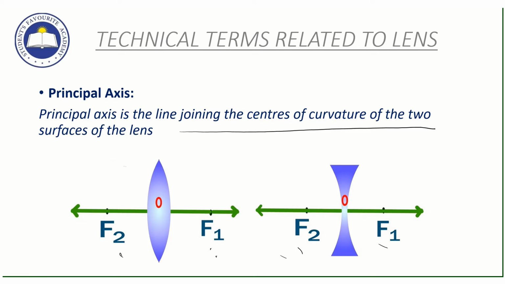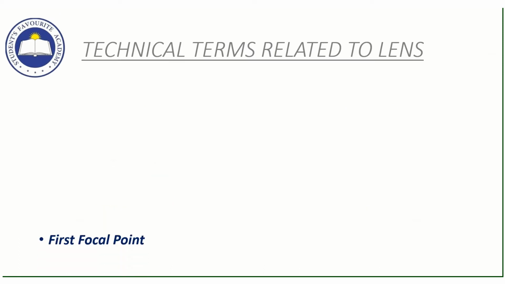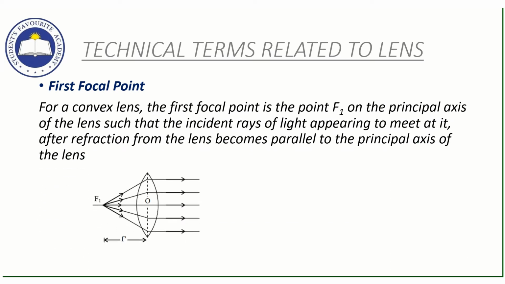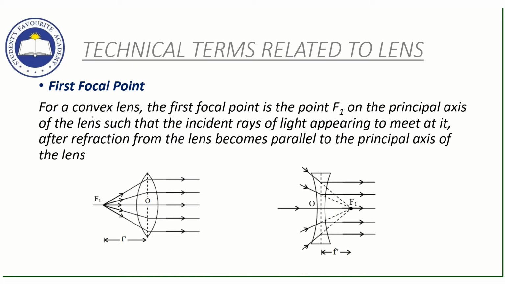It is the focal point or center of curvature, that is the same because all lie on the same line. Every lens has two focal points, first focal point and second focal point.